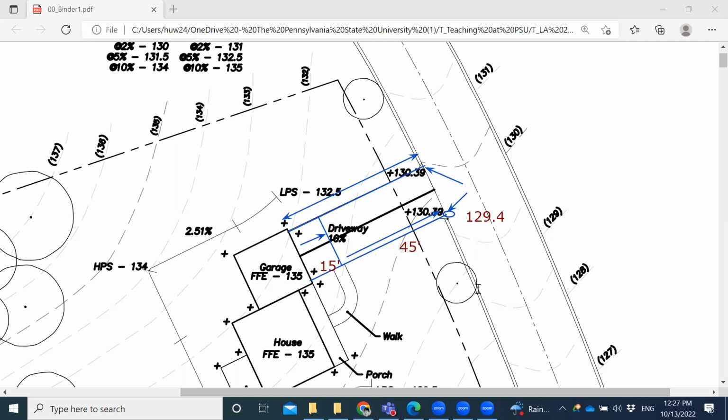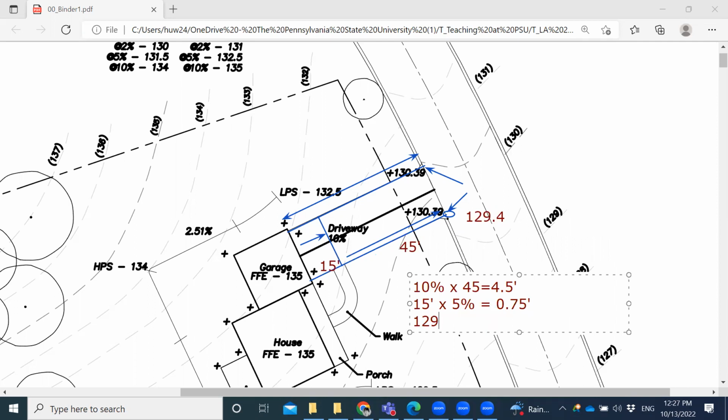So if we're going at 10%, multiplied by 45, we get 4.5 feet above. And then we add the 15 feet multiplied by 5%, we get about 0.75.